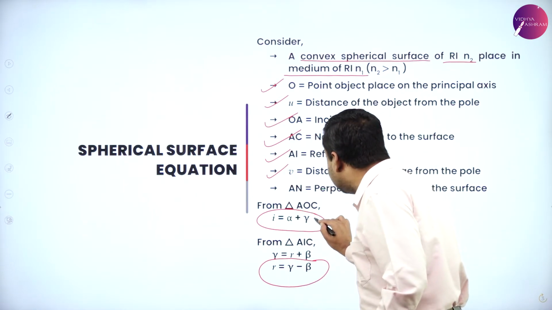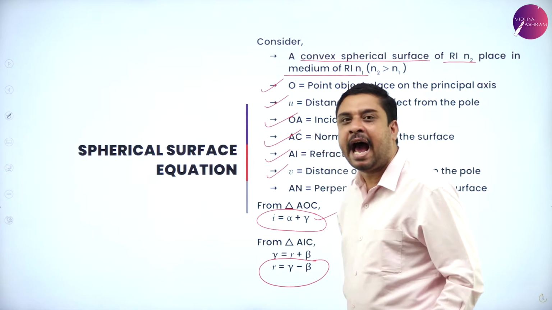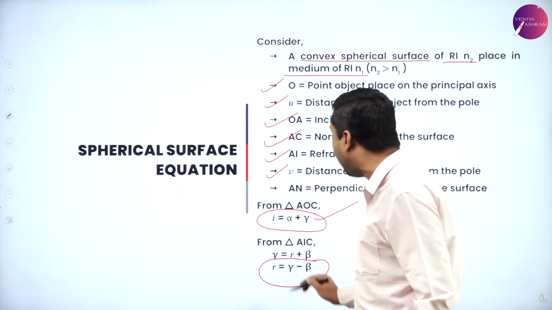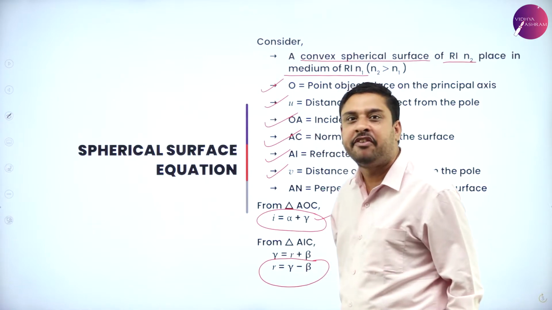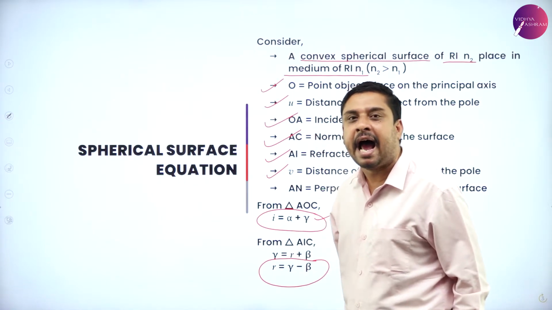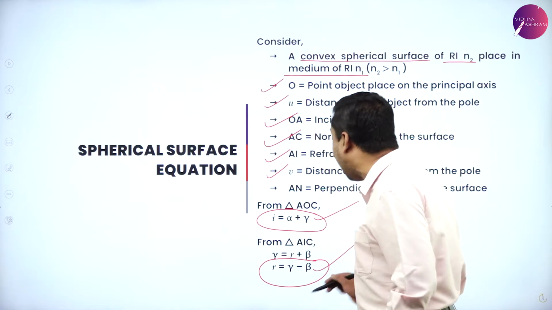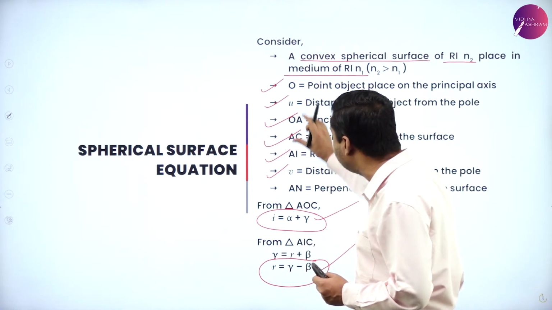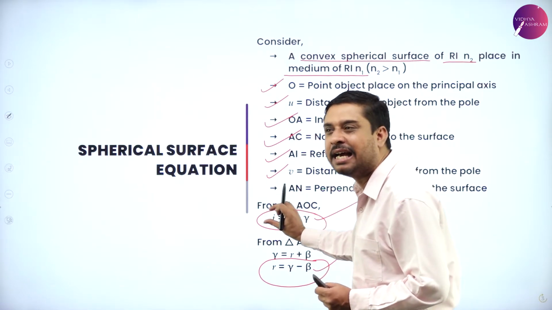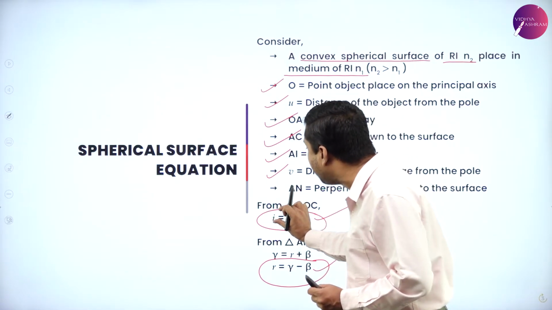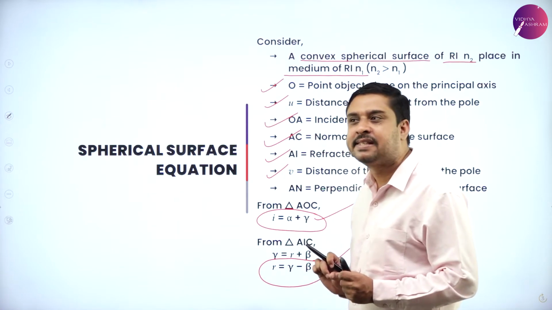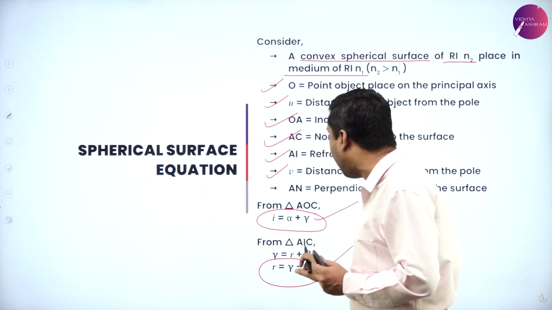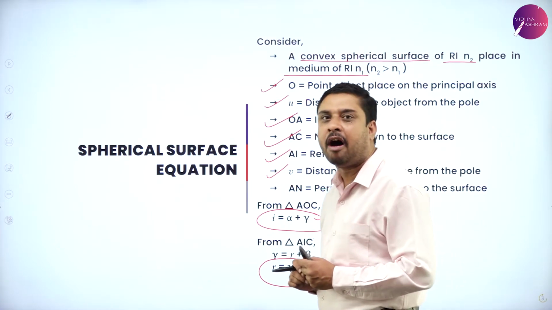So angle of incidence I have derived as alpha plus gamma. Angle of refraction r I have derived as gamma minus beta. Then from the triangles, calculation of i is alpha plus gamma, calculation of r is gamma minus beta.